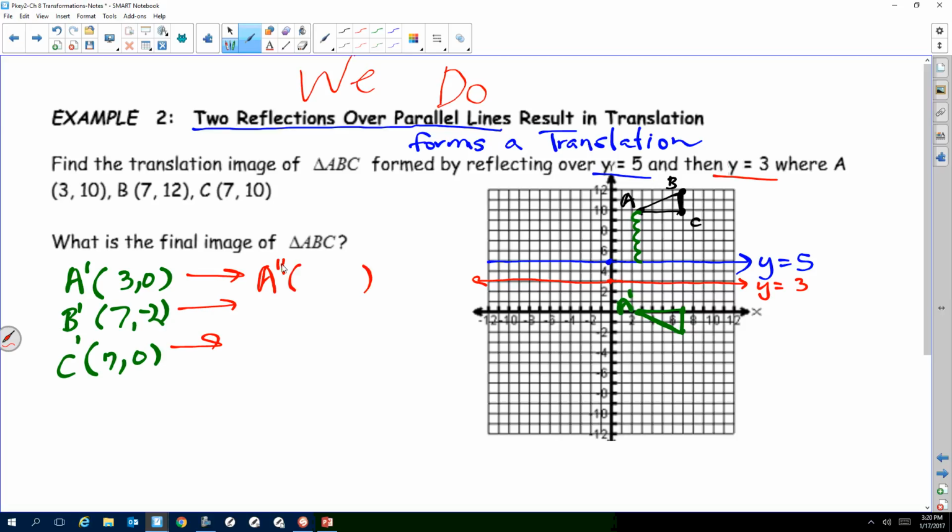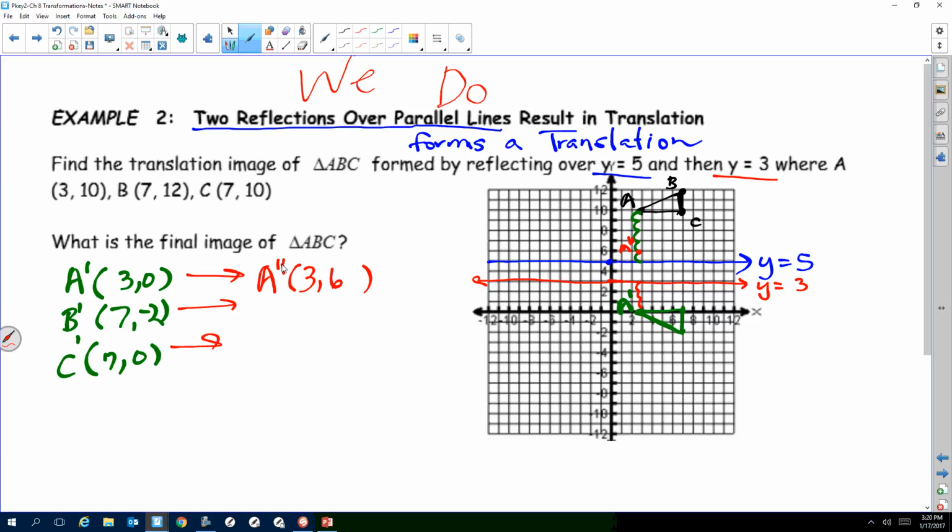So how far is A prime from the line of reflection? 3 units, right? 1, 2, 3. So I'm just going to go 3 units above. There's my A double prime. So that ordered pair is going to be (3, 6).